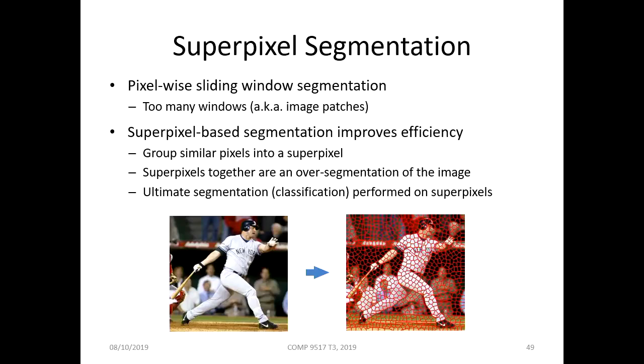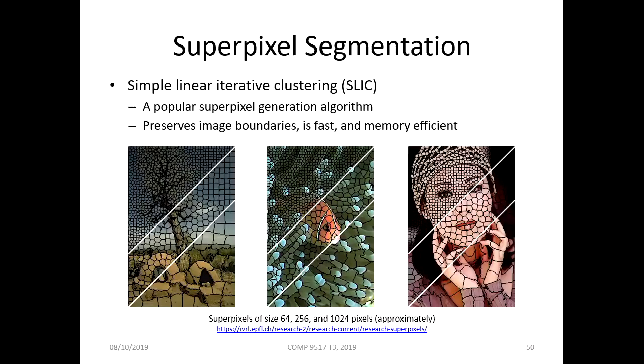That's what they are called. They look like pixels, but they're actually little regions, which are more or less homogeneous. And that's much faster than literally doing a pixel-based segmentation approach, using a sliding window approach. So there are many variants of superpixel algorithms, but the most popular one, or maybe that's because it was one of the first, is SLIC, simple linear iterative clustering, which is very nice because it preserves boundaries, is fast, and also memory efficient.